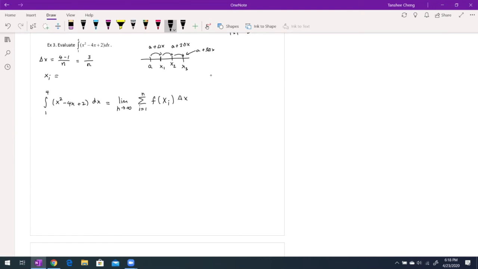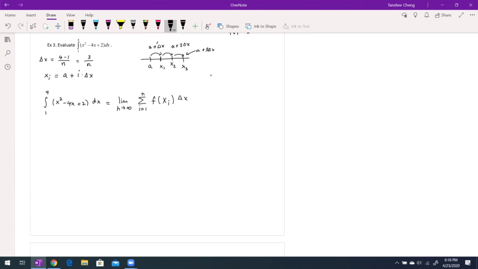So therefore, you are talking about what? 1, 2, 3 incrementing. So when you write it down for the right endpoints, that will become a plus i times delta x. Because in the summation notation, your i will be changing from 1, 2, 3, 4.